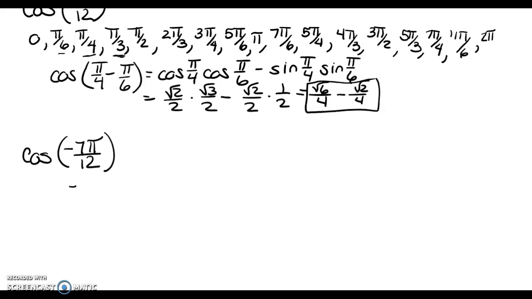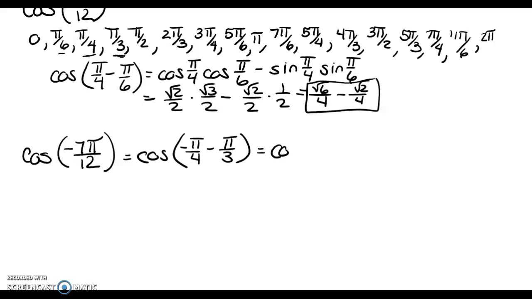So let's see, if I do negative pi over 4 minus pi over 3, do I get negative 7 pi over 12? 3 pi over 12 plus 4 pi over 12. And it looks like these two angles will work. I'll do negative pi over 4 and minus pi over 3. We'll use a difference formula. You can add negative pi over 3 if you want to too.